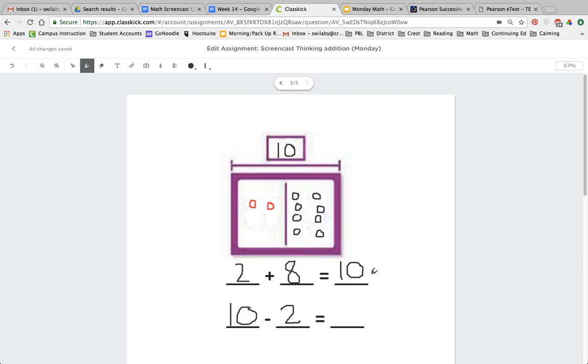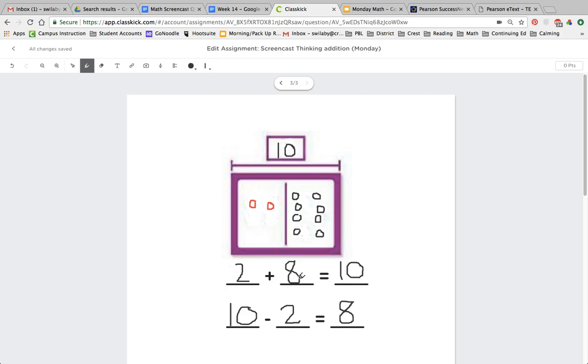My addition sentence would be 2 plus 8 equals 10. So my subtraction sentence would be 10 minus 2 equals 8. 10, 9, 8.